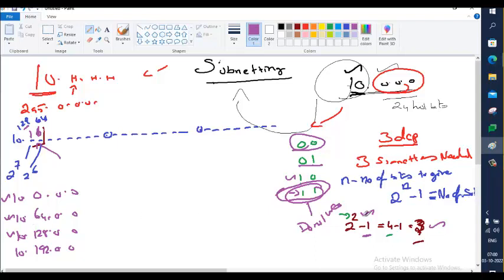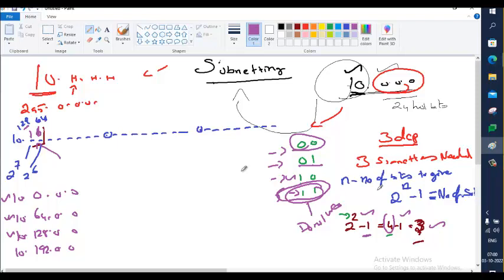Out of 4 different possibilities, 1 should not be used because when it is all 1, we don't use. Why? I'll explain in a few minutes. So when it is all 1, we should not use. That's why the -1 in the formula.